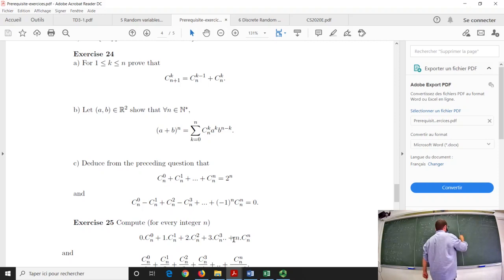Plus the sum from k equal to 1 to n of c n k minus 1 plus c n k, factor of a k b n plus 1 minus k. Do you agree? I just regroup these two sums into a single one, meaning that I write a single sum with inside this one plus this one. That is exactly what I have written here, putting what they have in common into factor.